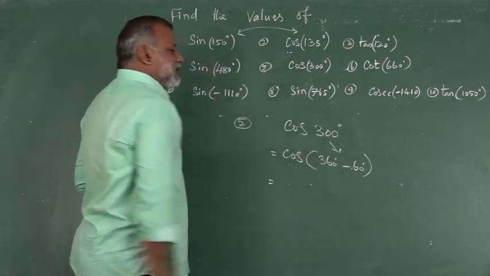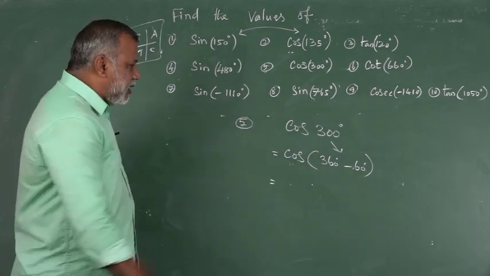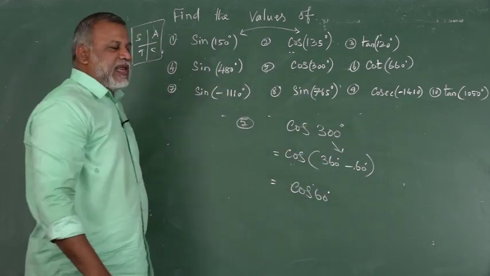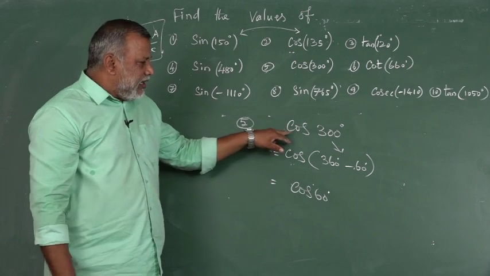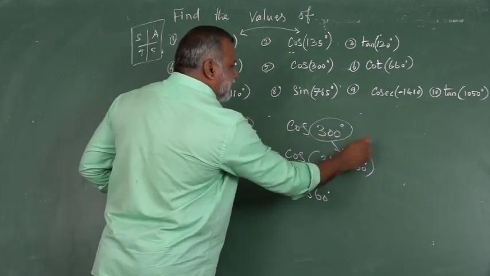We can split like this. Now see, 36 comes. 36 means apply the same function. Then apply cos 60. Instead of theta, we are having 60 degree. But which quadrant does 300 degree lie in?